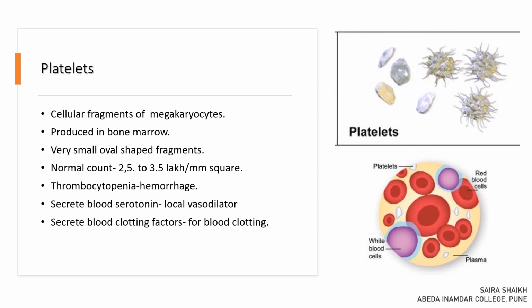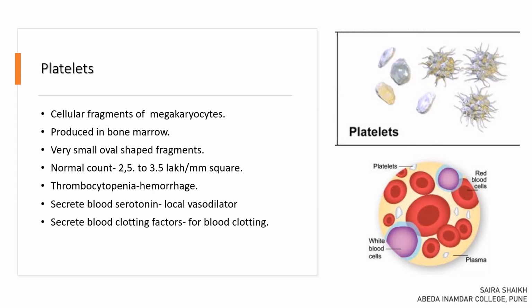The third type of blood cell is thrombocytes, or platelets. They are also produced from bone marrow cells. Bone marrow cells give stem cells, which further give megakaryocyte cells. The megakaryocyte cells break into oval pieces called platelets.